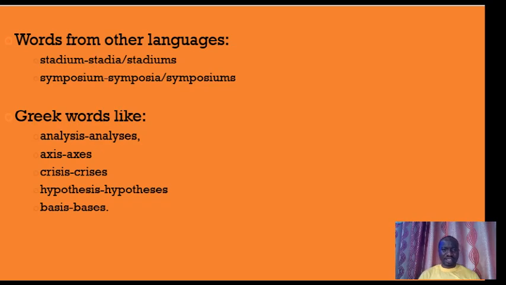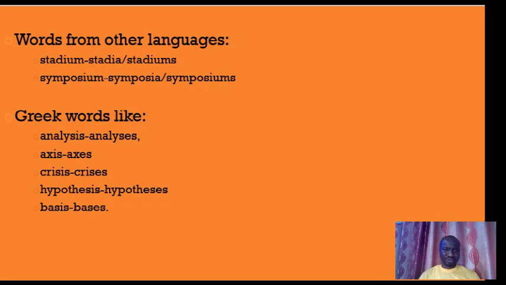Because of that, some borrowed words are now being used in English. Some of these borrowed words form their plurals in this way.